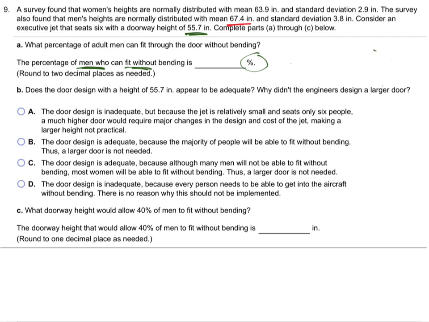Let me try that again. I should have started with the middle. So the middle is 67.4. So where am I going to find 55.7? It's got to be somewhere over here. Lower, yeah.